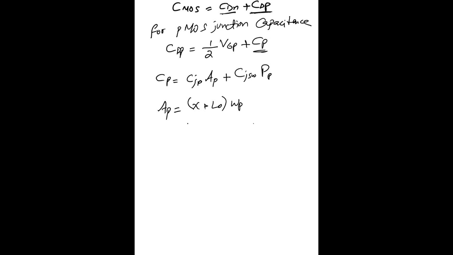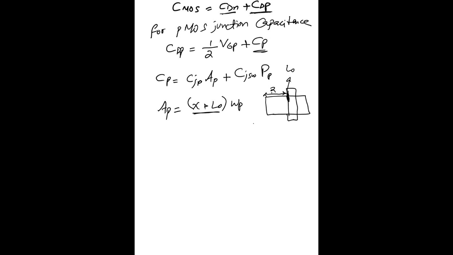Why are we using X plus L naught here? Because we have drawn it something like this. This was our gate terminal, this was our NMOS. We said earlier that this length is X, and we have some overlapping here, which represents our L0.